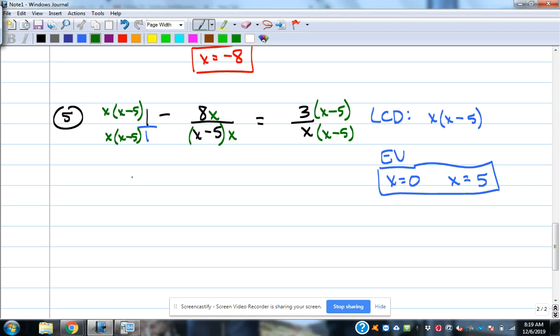So multiply out the numerators there. So x squared minus 5x over x minus 5. Don't multiply out the denominators, but always multiply out the numerators. And then 3 times x is 3x minus 15.